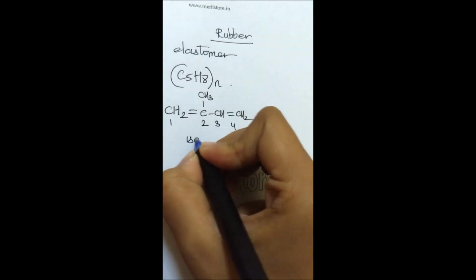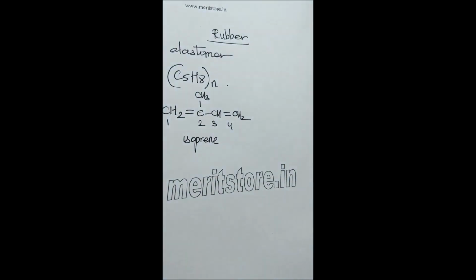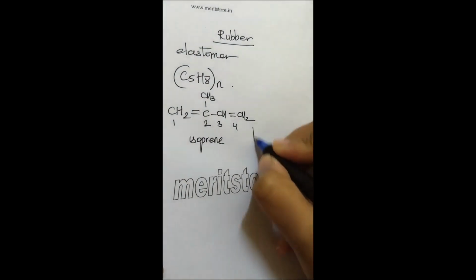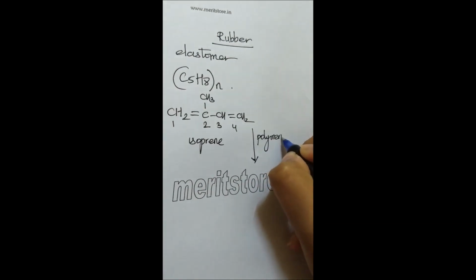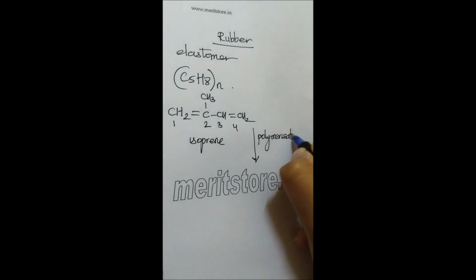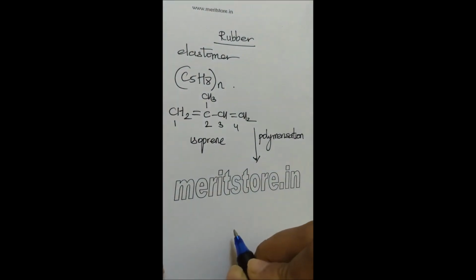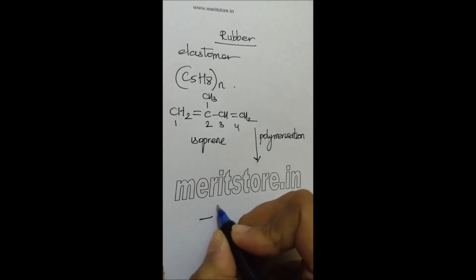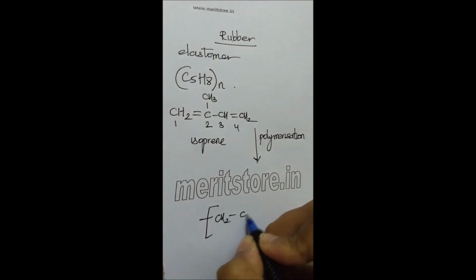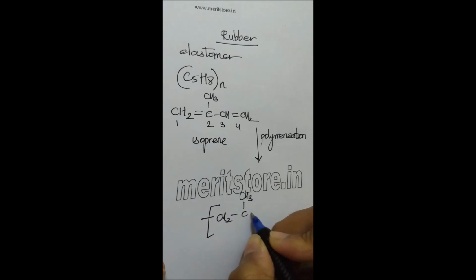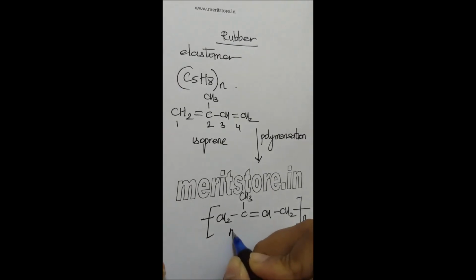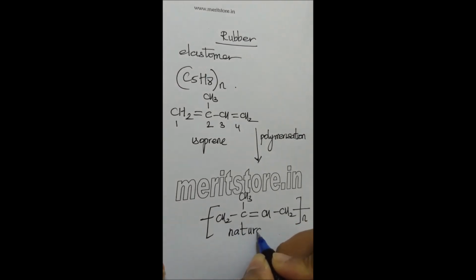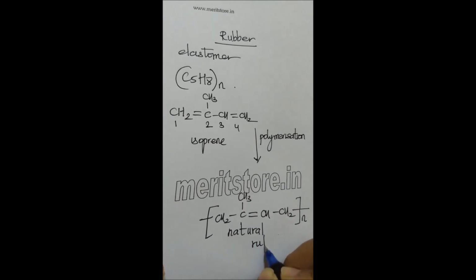It's called isoprene. Isoprene on polymerization gives me natural rubber. That is, many isoprene units linked to each other is natural rubber.